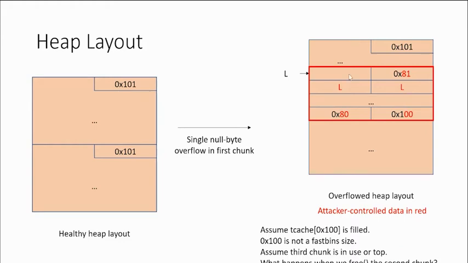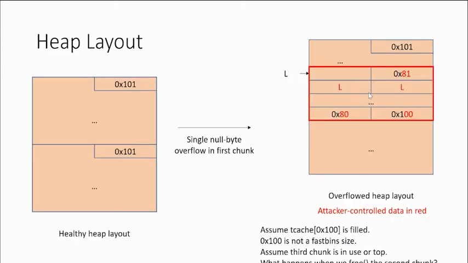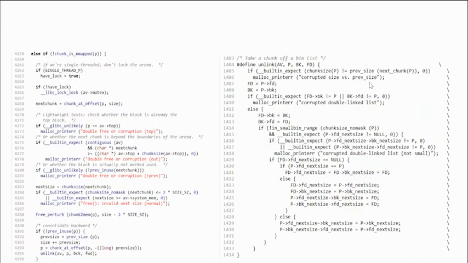But because everything points to itself, nothing's going to happen, right? We're unlinking this chunk that points to itself, so it's still going to end up exactly like it is. But the important thing here is that after we unlink this chunk, we can now consolidate it.